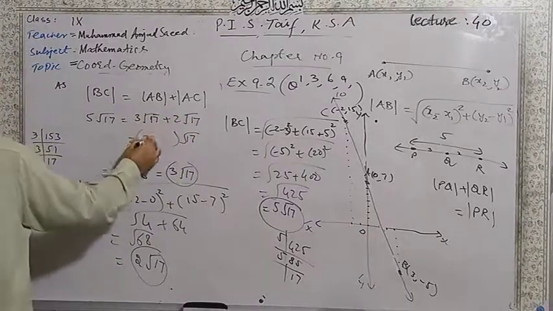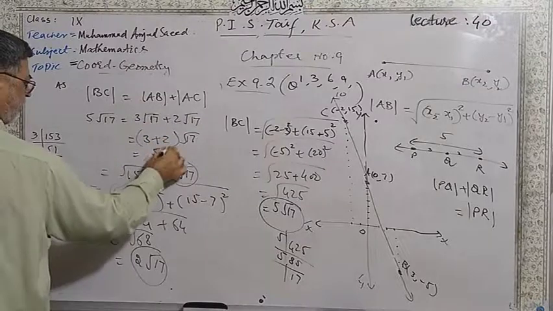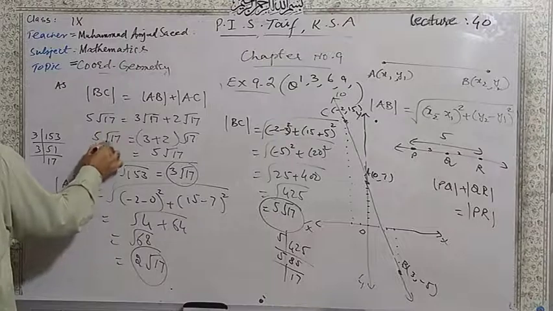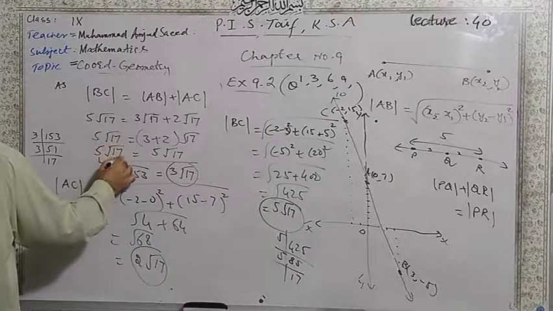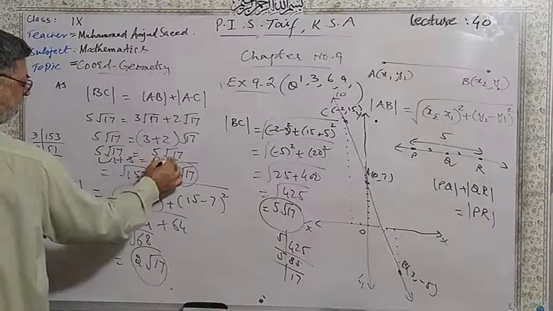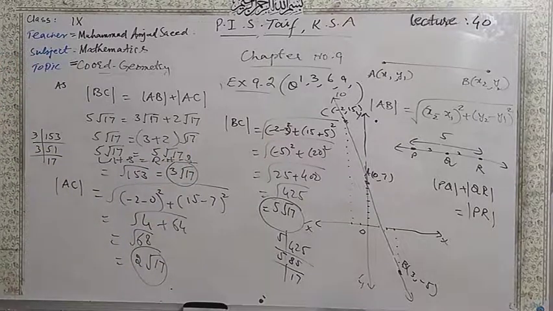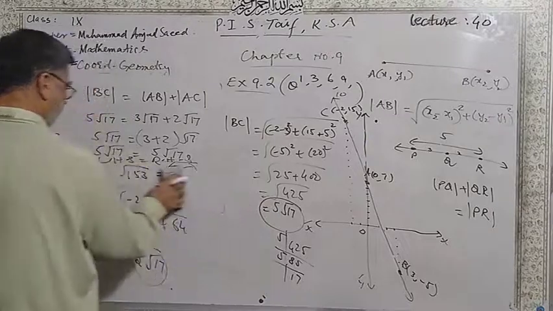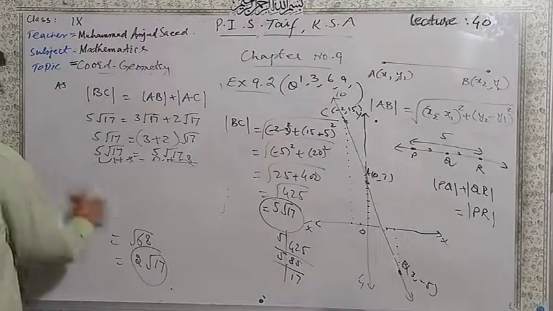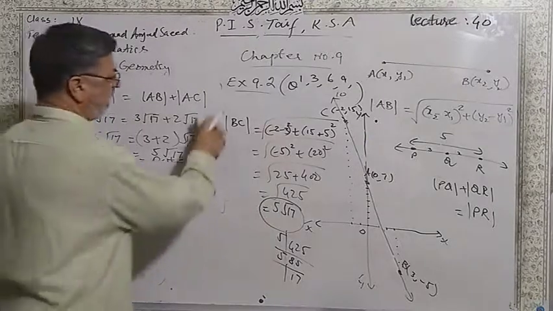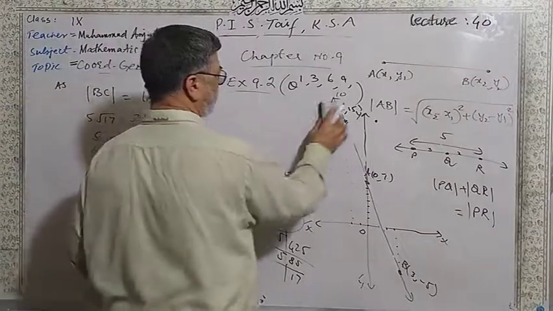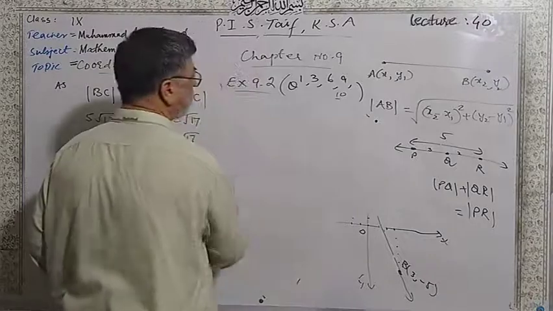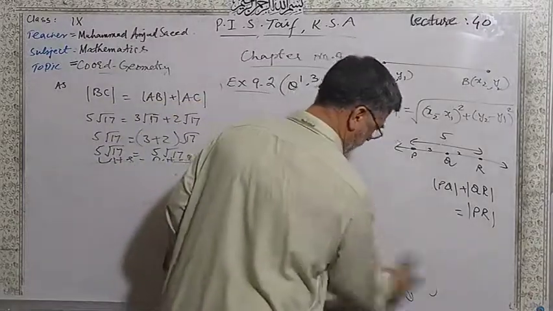Taking root 17 common, 3 plus 2 is 5, that will be 5 into root 17. So the left hand side is equal to the right hand side, hence the points are collinear. Yes, the points are collinear. This is the way to confirm your answer. Dear students, that was your question number 6.